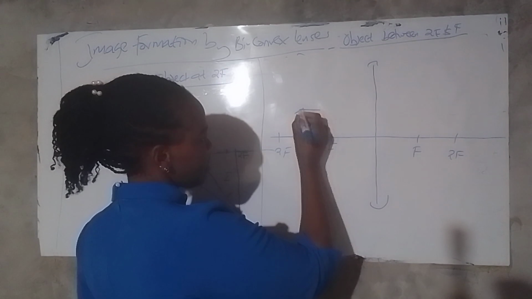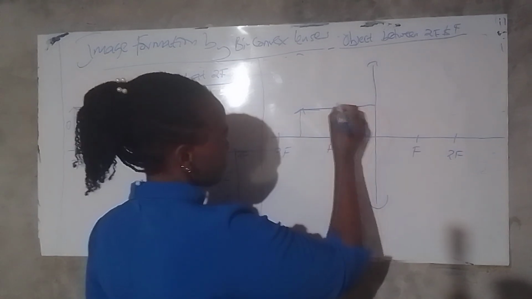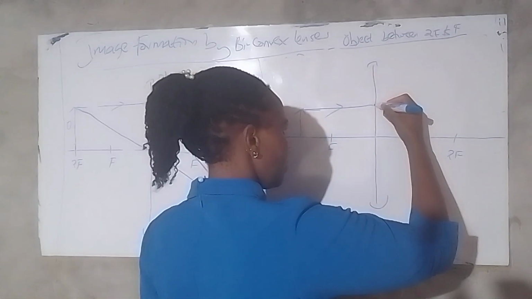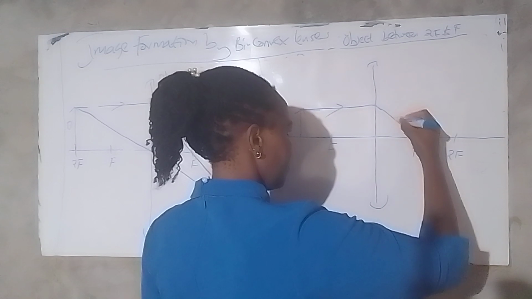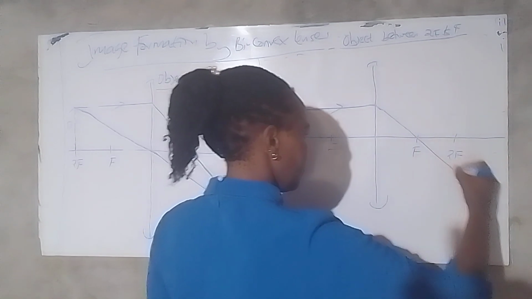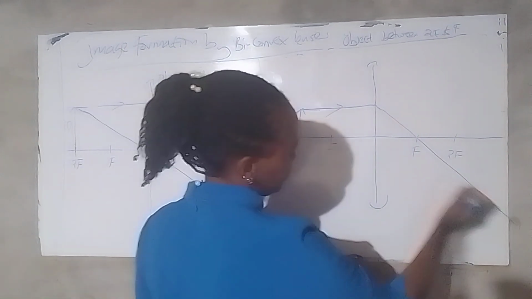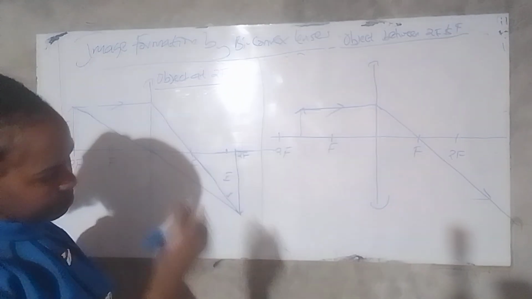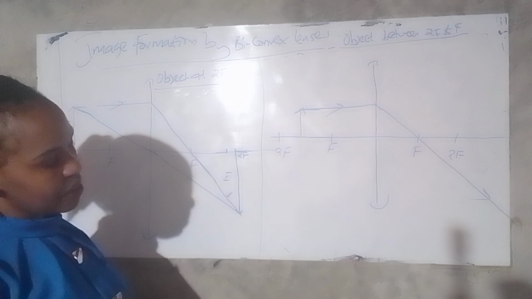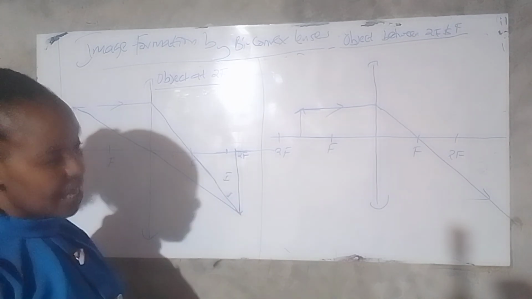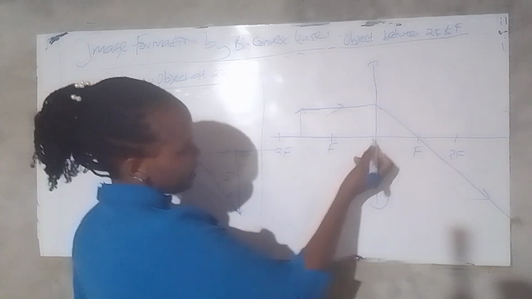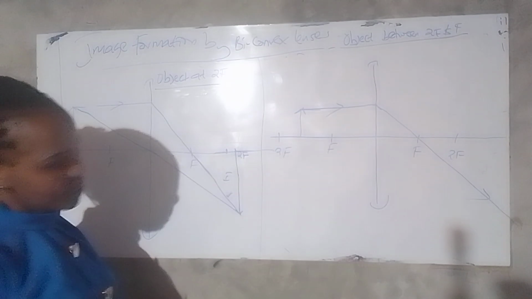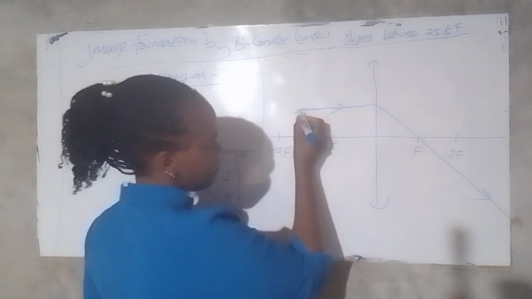So let's follow the rules. The ray that is parallel to the principal axis from the tip of the object will be refracted through the principal focus. So it's moving far away from the lens, passing through the principal focus after refraction. The other ray is the ray that is going to hit the lens, passing through the optical center, and that one passes undeviated.